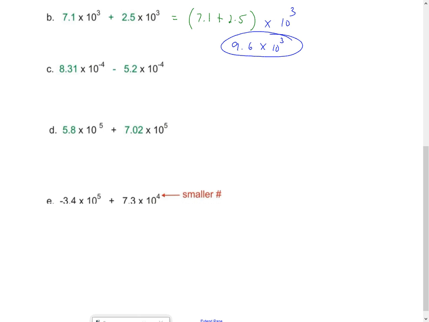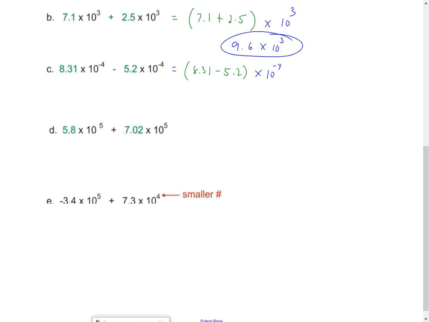So again, the second one, we're going to do the green part first. Only this time, would you agree, I'm going to do 8.31 minus 5.2? Now again, we can do this because the powers of 10 match. And it's times 10 to the negative fourth. And it doesn't matter if the power is negative, positive, or whatever.